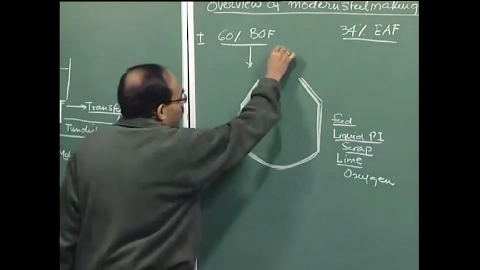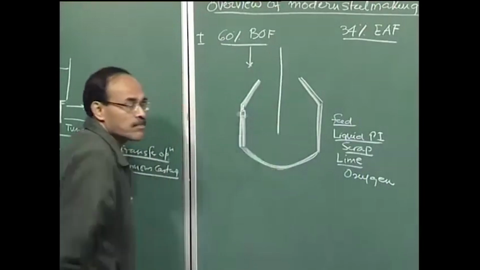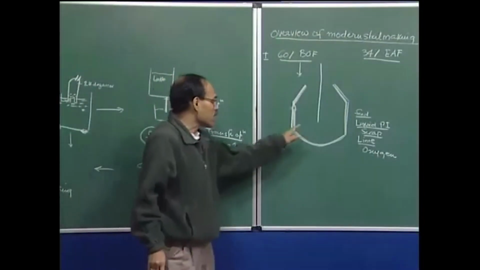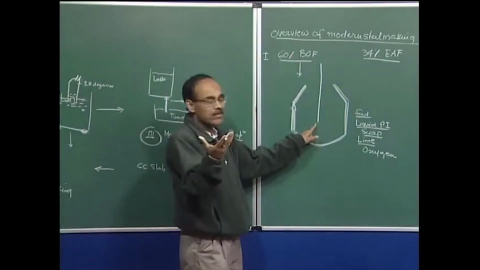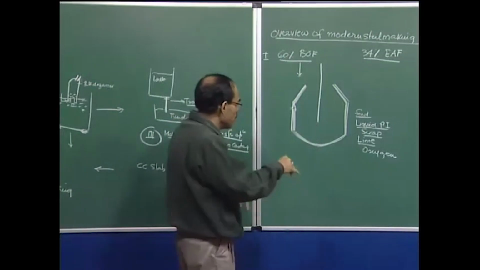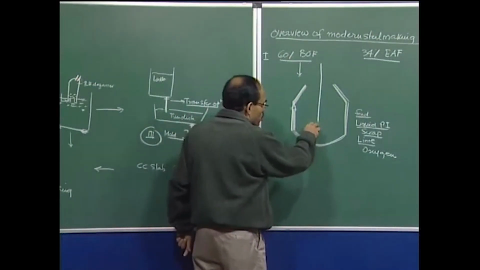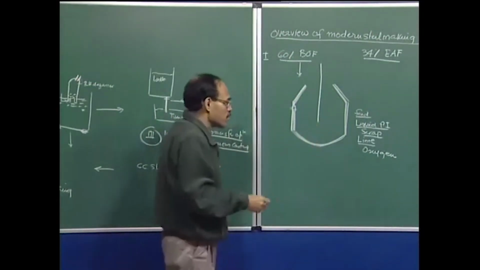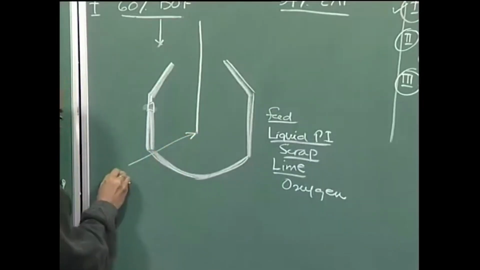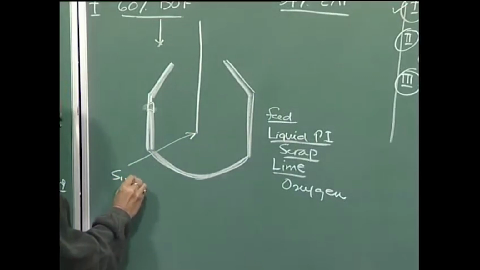So, you have a water cooled lance here. This lance basically is a vertical tube, and on that vertical tube we have attachments which deliver oxygen to molten metal in a certain fashion. So, typically we have a 6-hole lance. We will study the lance design later on.